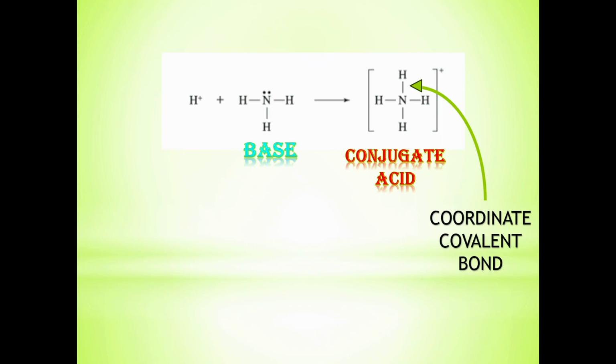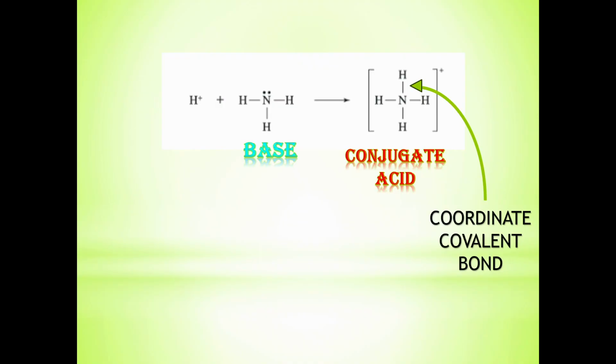Now, I don't know how many of you got introduced to this term because I think I'm the only one who introduces it in 1127. America, for some reason, does not introduce this concept, but every place else in the world they introduce it. It's a coordinate covalent bond. Most covalent bonds are created from an orbital that has one electron and an orbital that has another electron. You bond them together, you get 2 electrons. A coordinate covalent bond, when it's created, looks exactly like any other covalent bond.